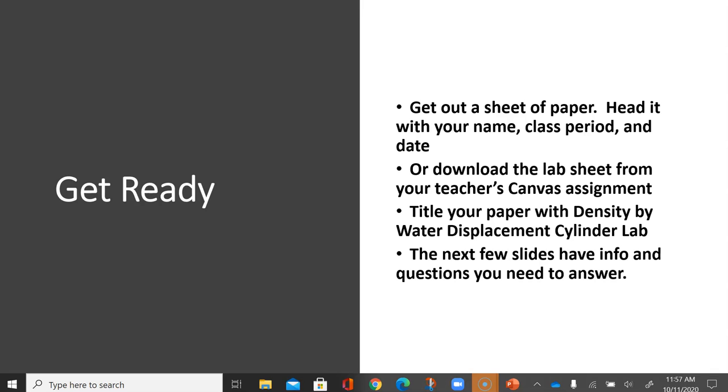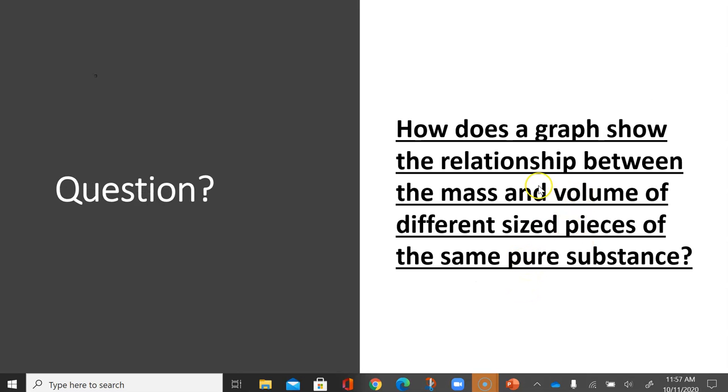Either of those methods is perfectly acceptable, as well as if you have a printer, you can just print the lab sheet from your teacher's Canvas assignment. It should have PDF after it, or be labeled student lab document somehow. So there you go. And then this is just basically the beginning of the lab.